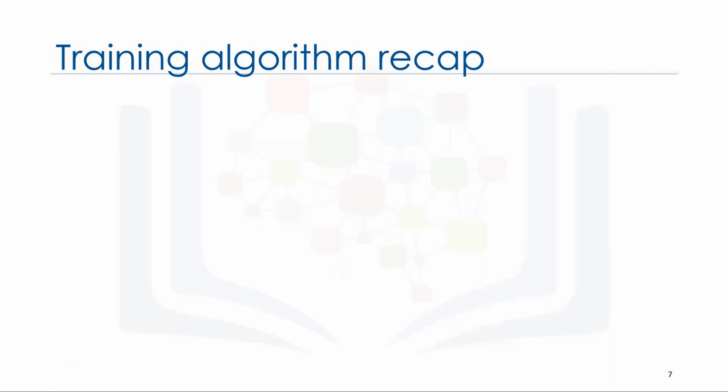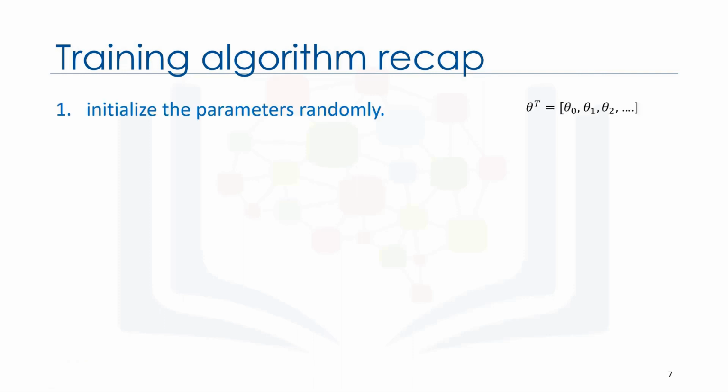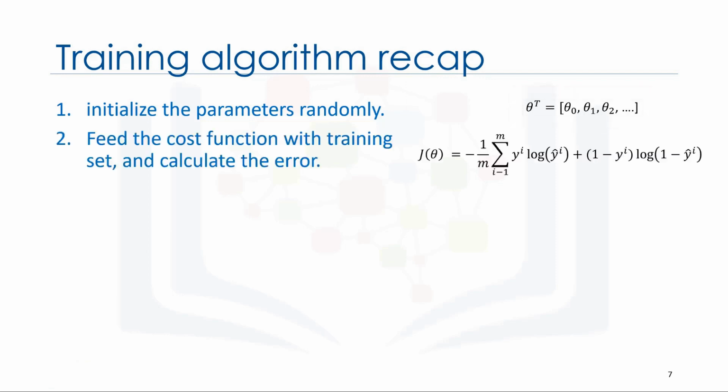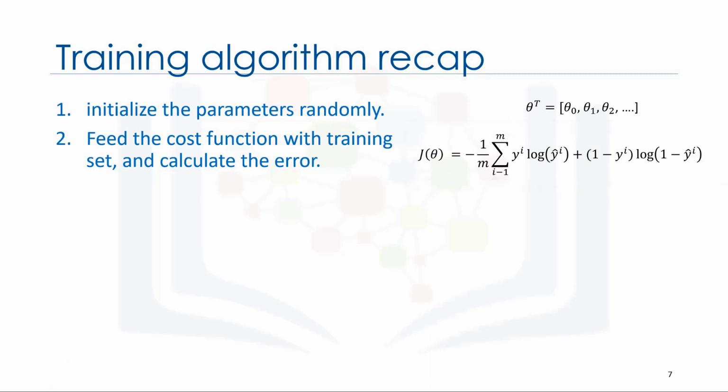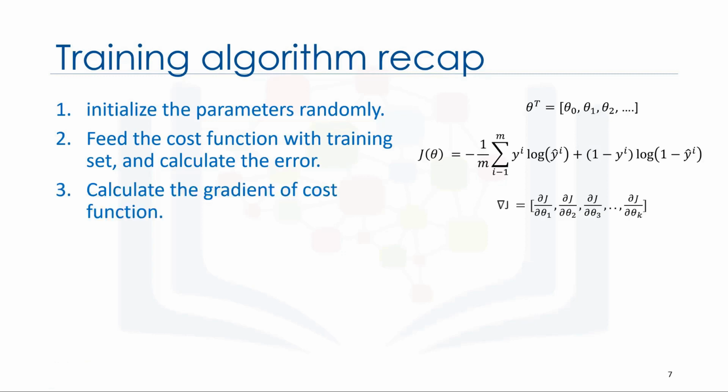Okay, let's recap what we've done to this point by going through the training algorithm again, step by step. Step 1. We initialize the parameters with random values. Step 2. We feed the cost function with the training set and calculate the cost. We expect a high error rate as the parameters are set randomly. Step 3.